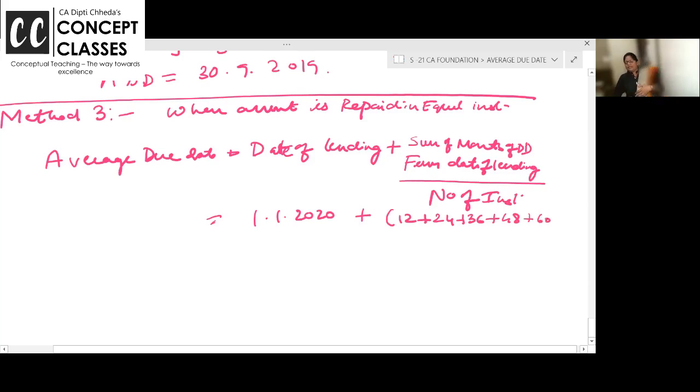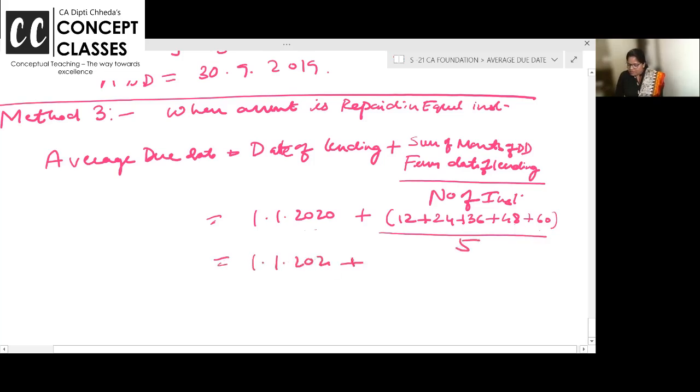I hope you are getting. The 5th installment is after 5 years. So 5 years, 4 years, 3 years, 2 years, and 1 year from the date. Divide by number of installments, 5.